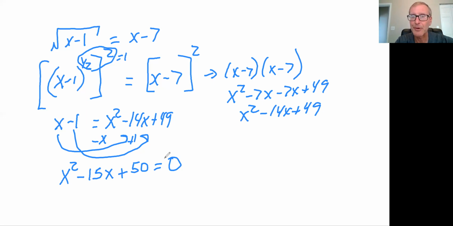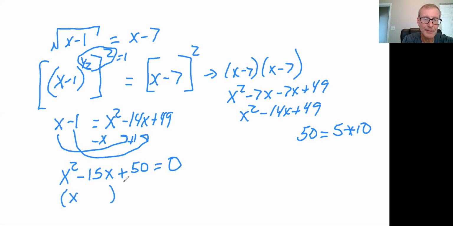And so remember, 50 equals 5 times 10, right? And remember, 15 is 5 plus 10. So the strategy here would be (x )(x ) equals 0. So what do we do in this case? Because there's minus 15 here, we would want a minus in both of these, right?